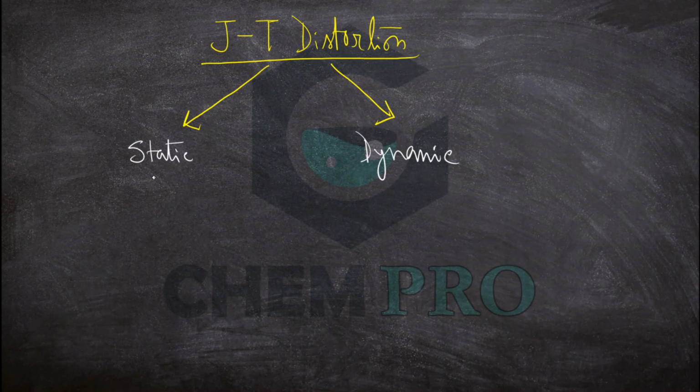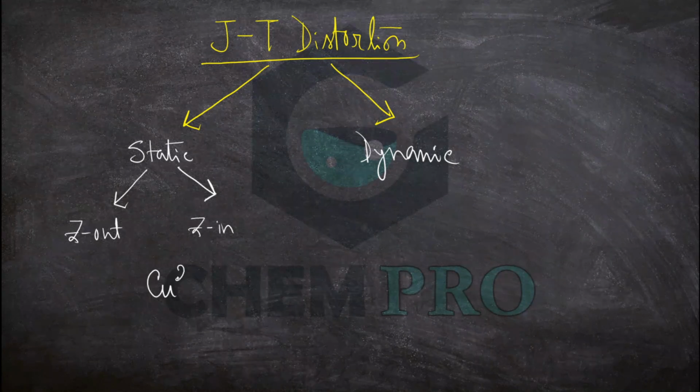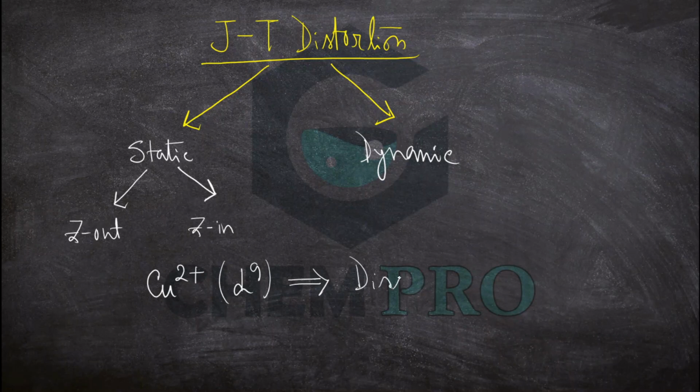Okay, and this static Jahn-Teller distortion is of two types. That is, first one is Z out and second one is Z in Jahn-Teller distortion. And here we will take a system of Cu2+, that is a d9 system, for our discussion.